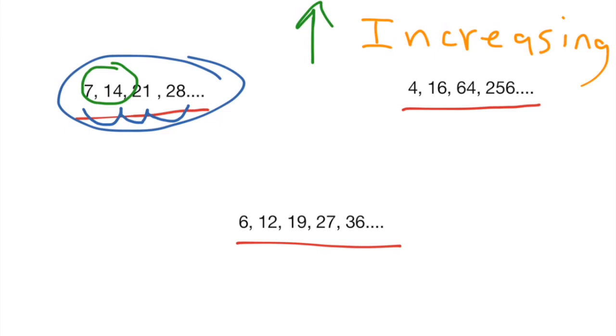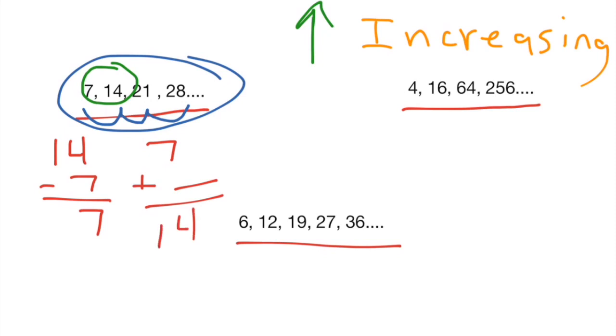A couple ways you could do it. You could take 14 and subtract 7, and you'll get a 7. You could figure out that 7 plus 7 must be 14, and you could try to see if that works on the next part, and if it does, then that's probably your pattern, adding 7 every time. The other thing you could do is you could say, what can I add to 7 to give me 14?